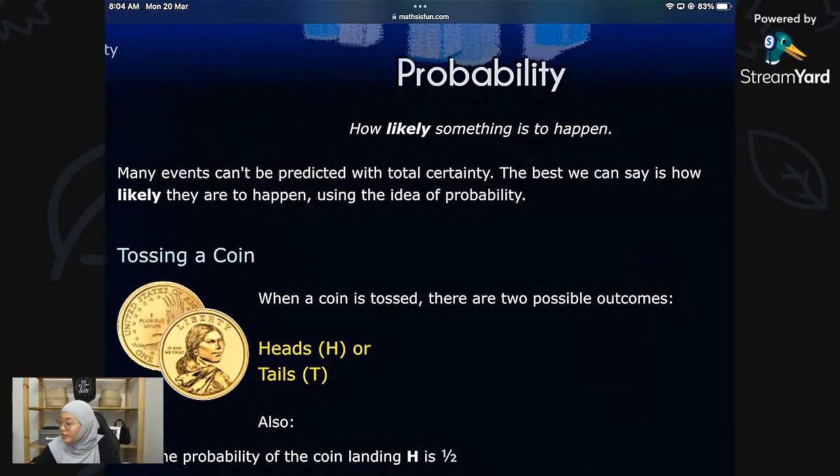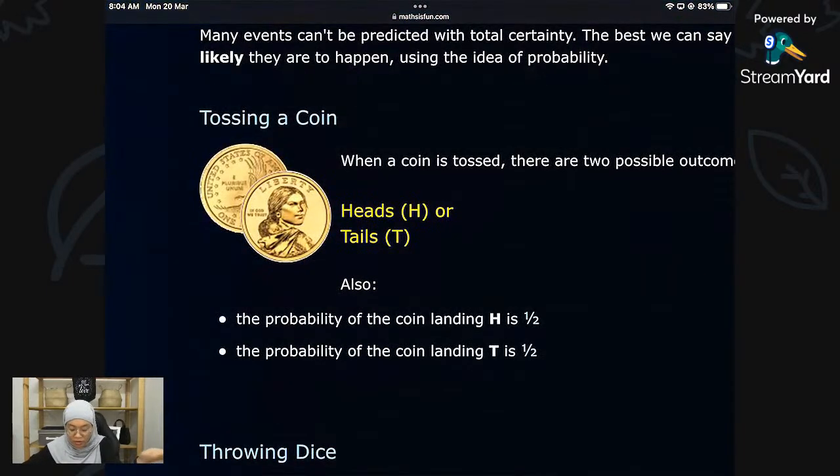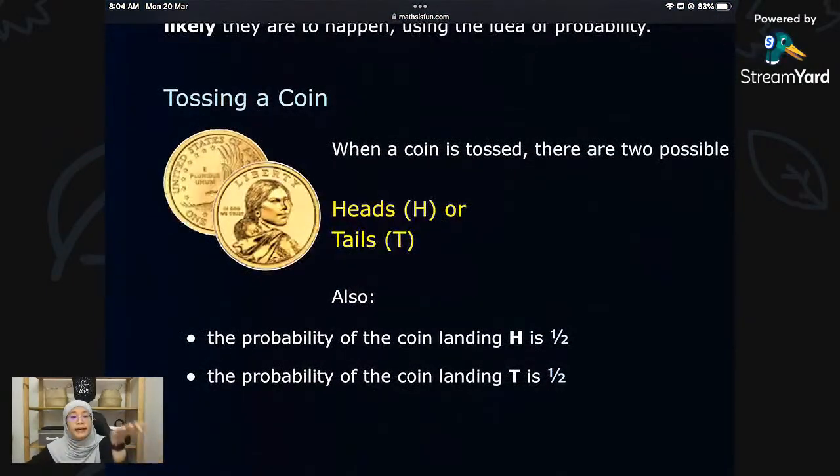The probability of the coin landing a head, bermaksud yang kepala, is a half, 50% chances of getting a head. And of course, another 50% chance to get a tail. Therefore, we call it a half or 50% chances.